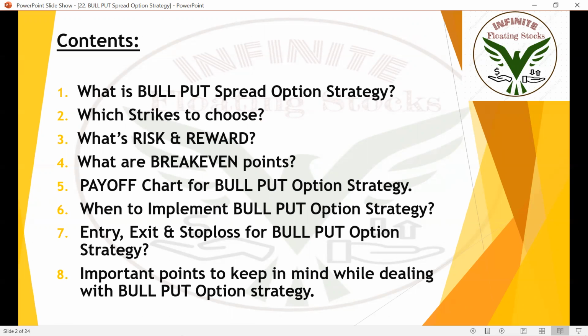I'll also give a few insights on entry, exit, and stop loss for the bull put spread option strategy. Finally, I'll conclude the session with a few very important points that you need to keep in mind while dealing with the strategy.